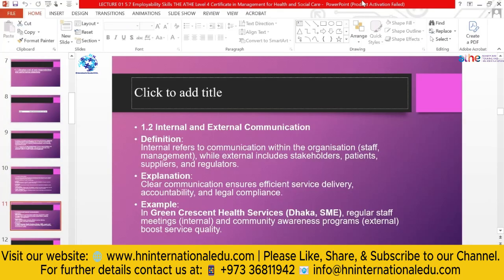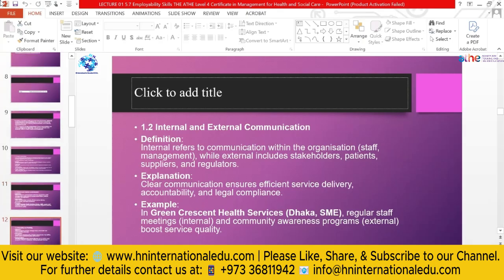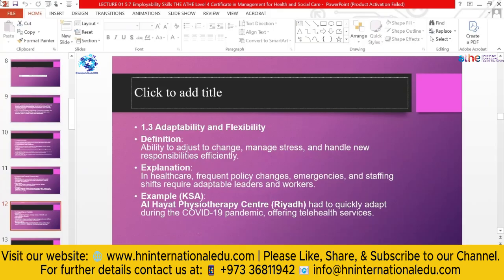Then, for example, in Green Crescent Health Service, an SME in Tangail, regular staff meetings are internal, and community awareness programs are external, for information. Because an outsider is going to learn about everything. It boosts the service quality, that is, the morale and motivation of the people working in the medical society.